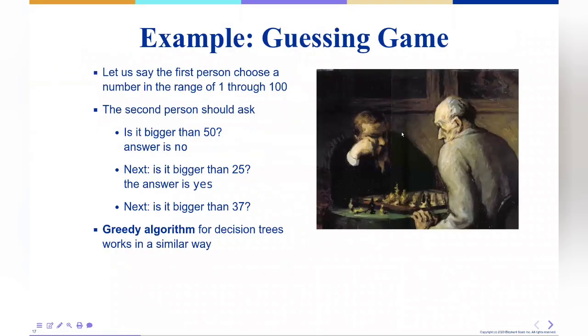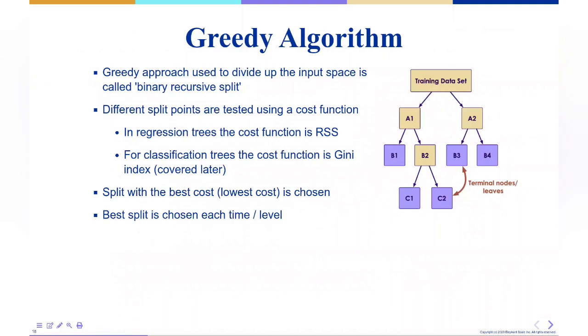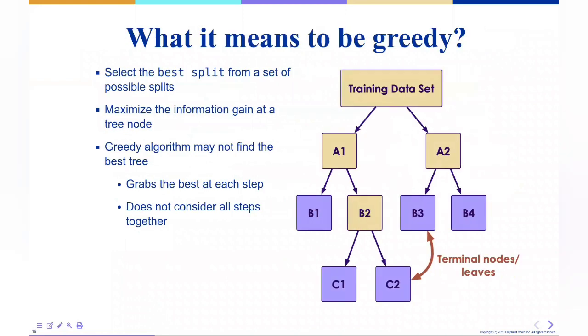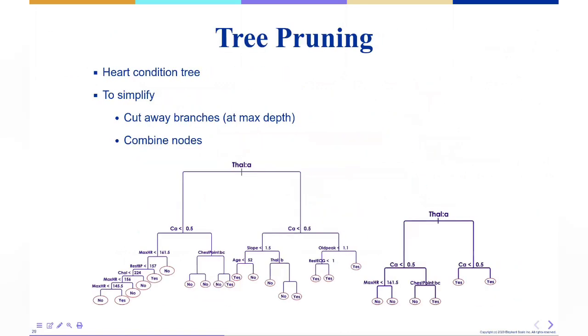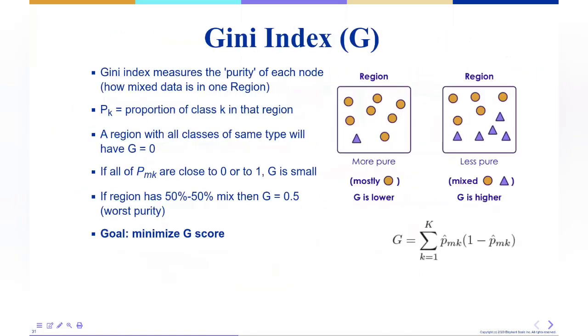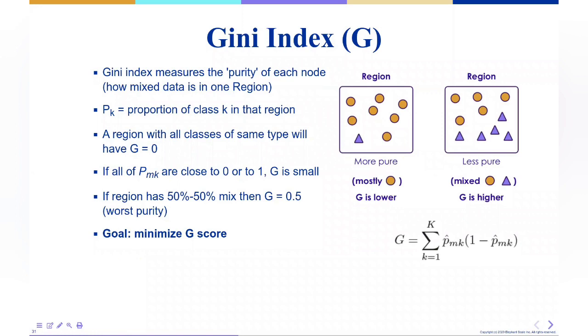But what if my algorithm is not regression? I'm doing classification. For that, we use something called Gini index. Gini index is very simple. Imagine I have 2 regions like this, part of a tree.